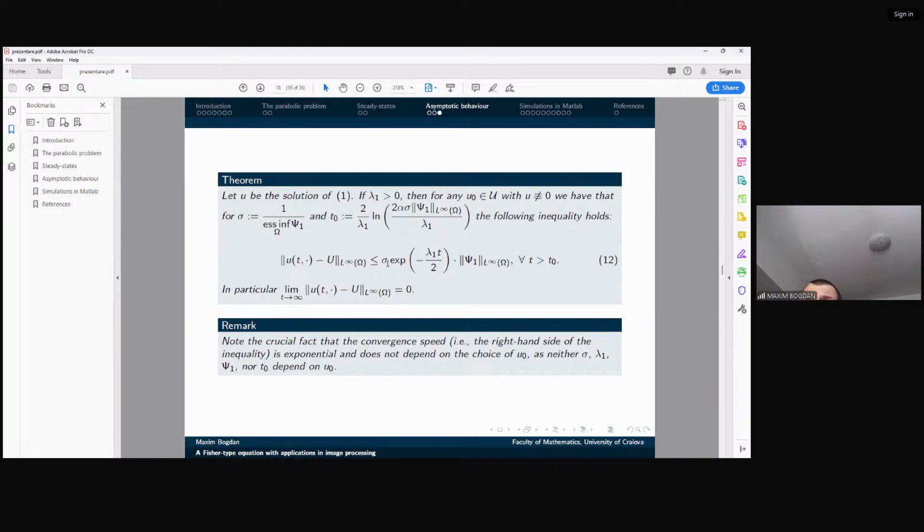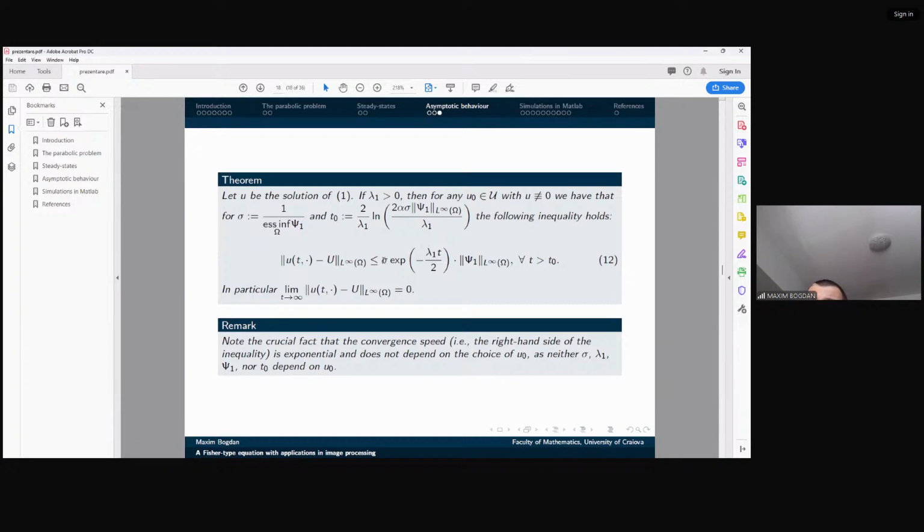So as t goes to infinity, this is kind of e to the minus t. So this difference converges very quickly to 0, which means that the image as t grows becomes the steady state image. This is very important in what I want to do to transform an image into another.